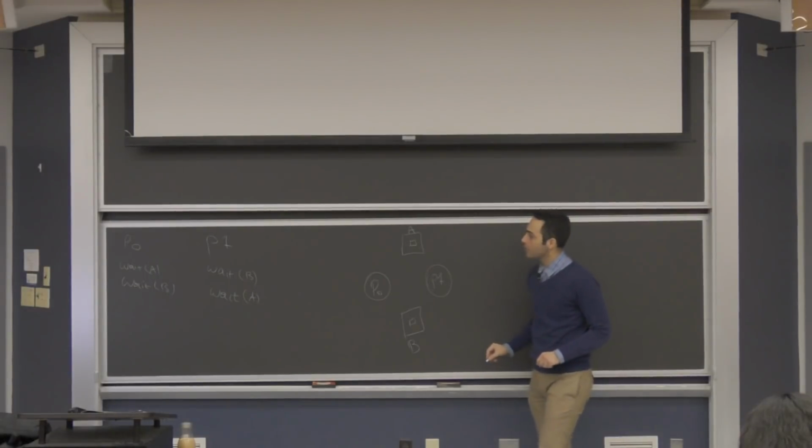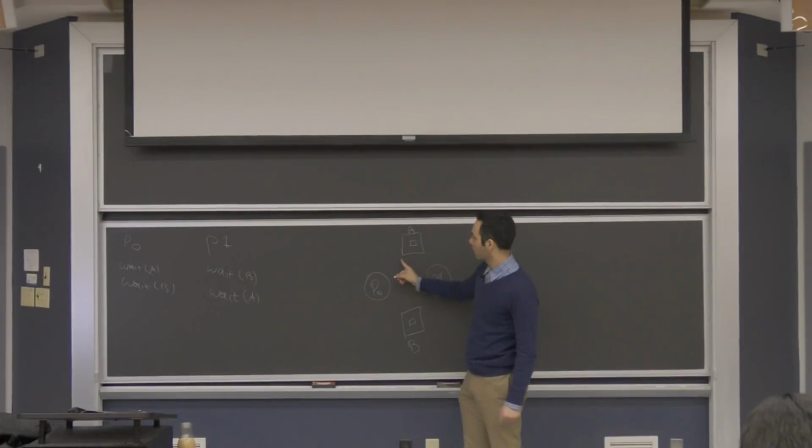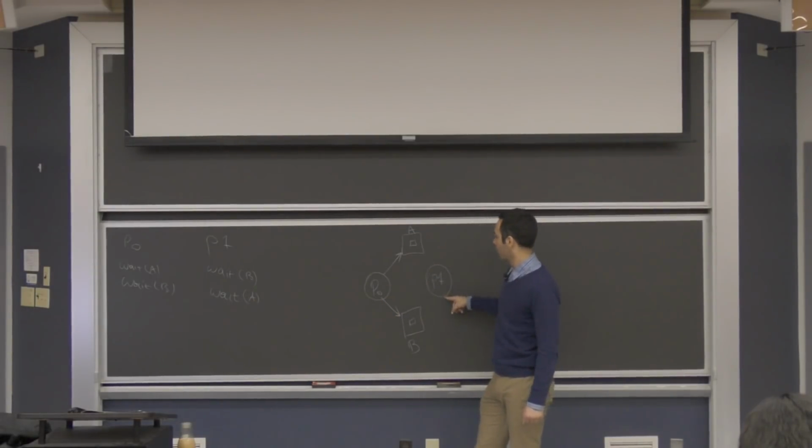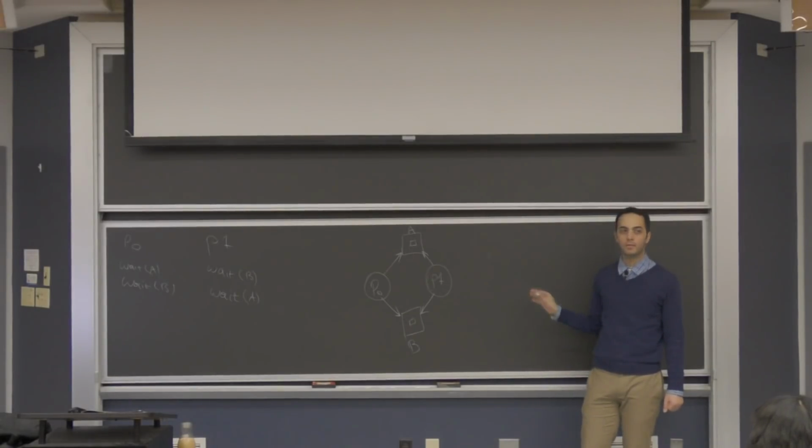So what will be the resource allocation for this? So they're waiting for A. What was the request edge? This side, right? And then waiting for B, which is like this. And then this is waiting for A and waiting for B. Is that correct?